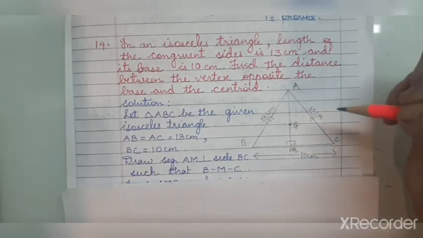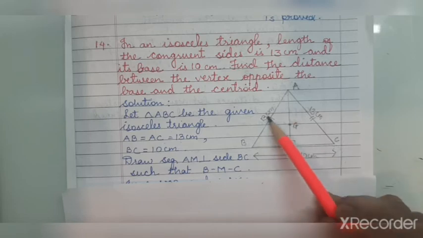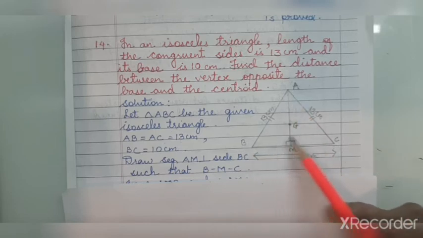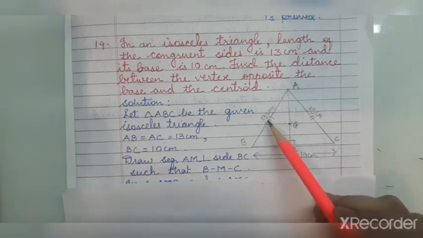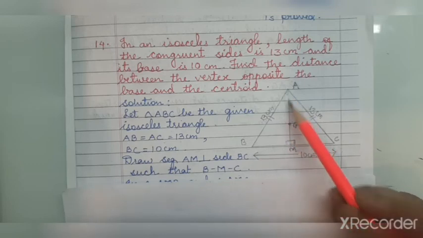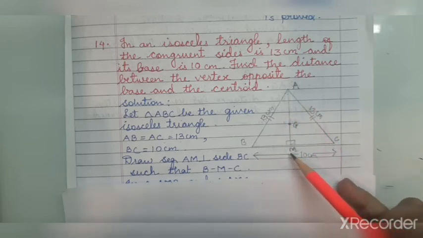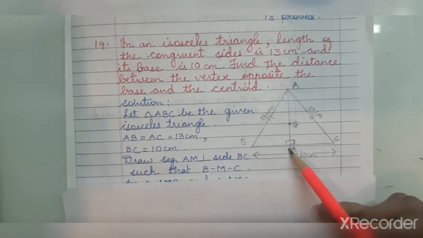Okay, by Pythagoras. But we can use Pythagoras only if we know two sides. If you see, there are two right angle triangles. If this is already known, 13, and if we get to know BM, we can find AM by Pythagoras. Now BC we know, BM we don't know.